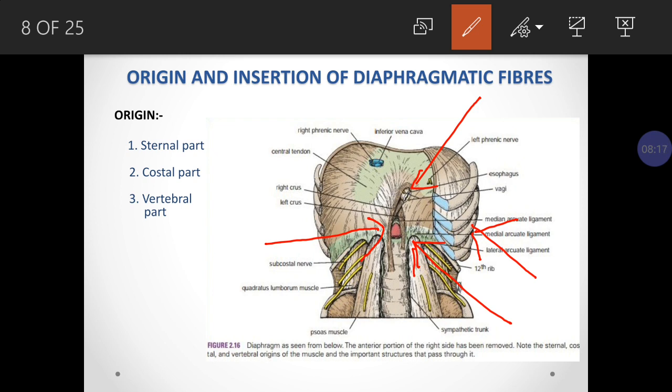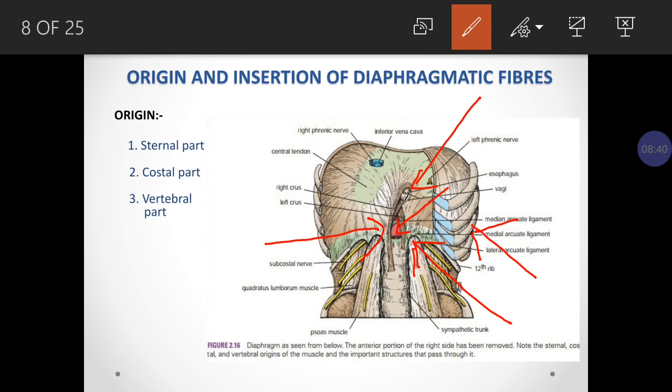From the medial aspects of the right and left crus, some of the fibers cross over in front of the aorta, and that part is referred to as the median arcuate ligament, which is almost this part in front of the aorta.